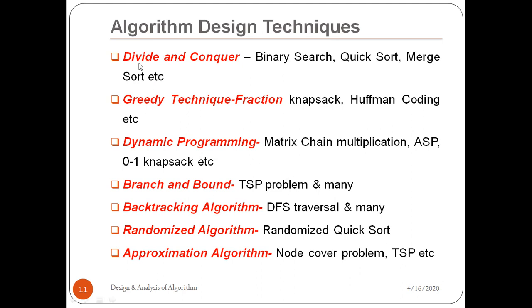This approximation algorithm I will start afresh whenever I start unit 5. In my next lecture I am going to discuss asymptotic notation, that is the asymptotic notation to represent the time complexity of an algorithm.